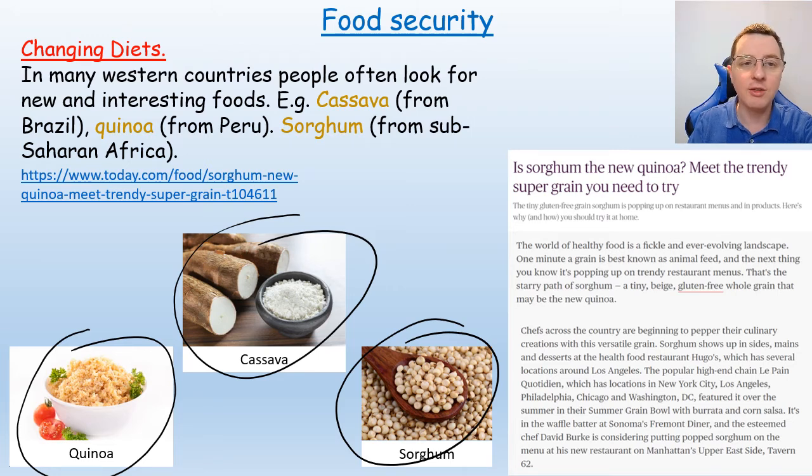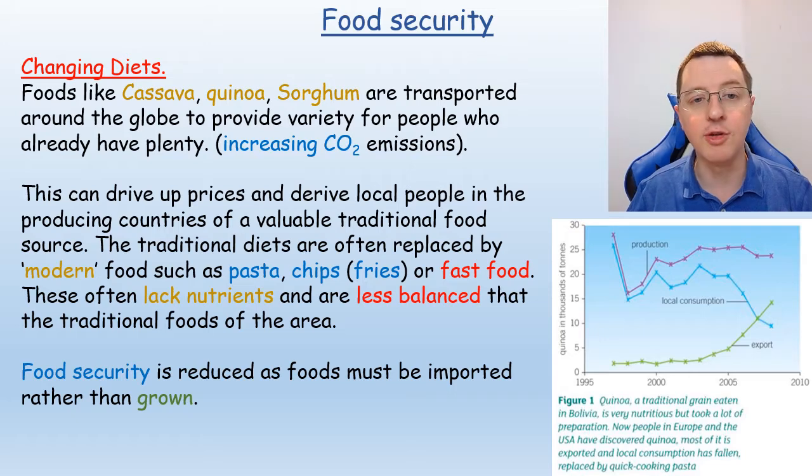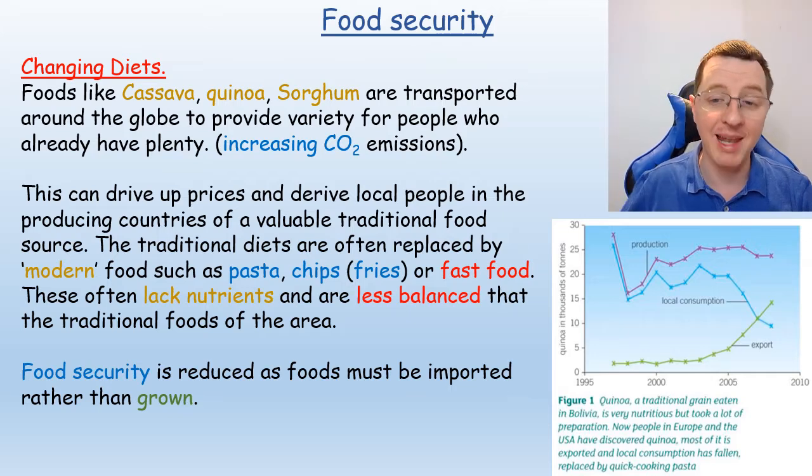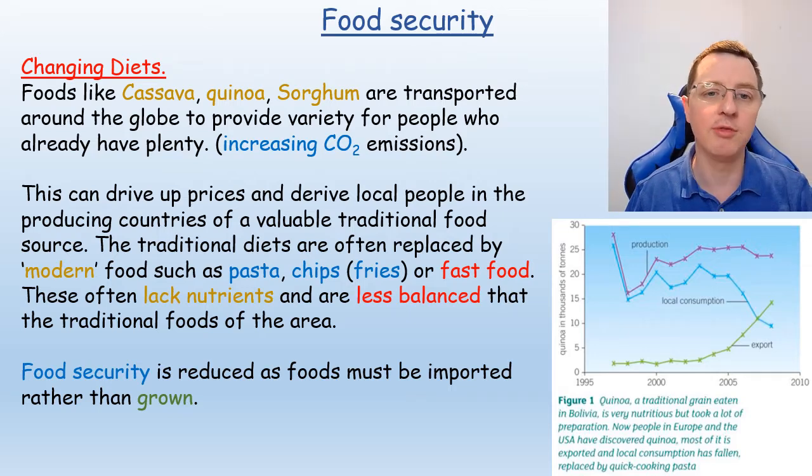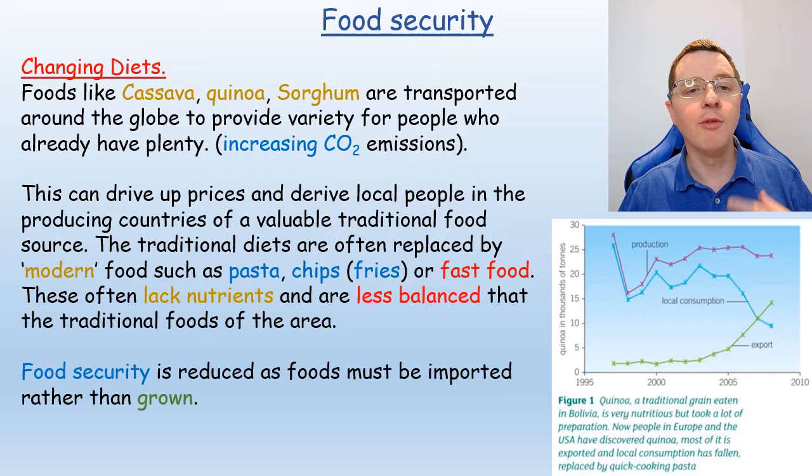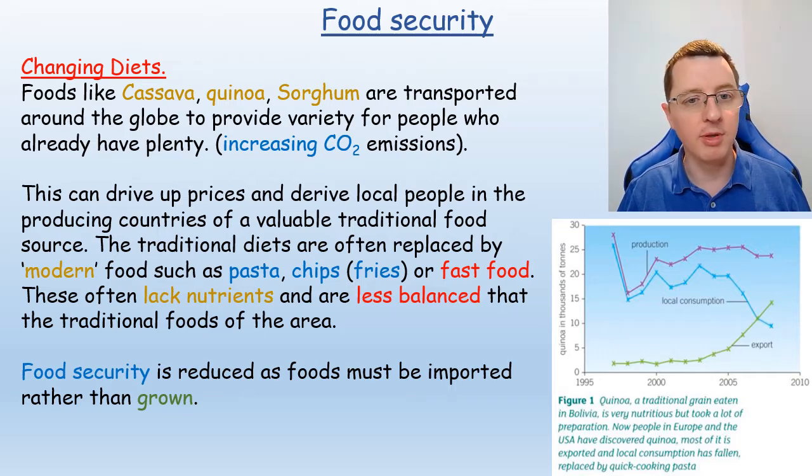And this can lead to several problems. Foods like cassava, quinoa and sorghum are transported around the globe to provide variety for people who already have plenty of variety of different foods to eat. And this transportation can increase carbon dioxide emissions, which can lead to global warming and climate change.